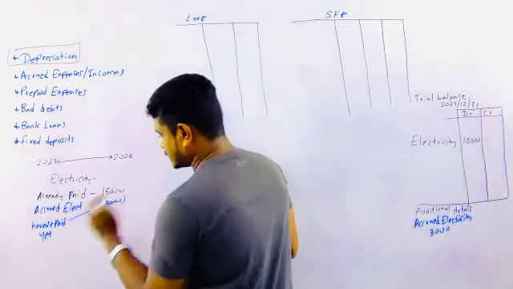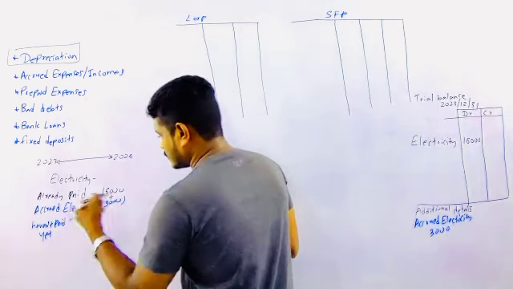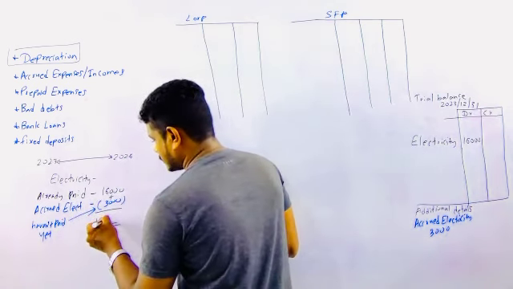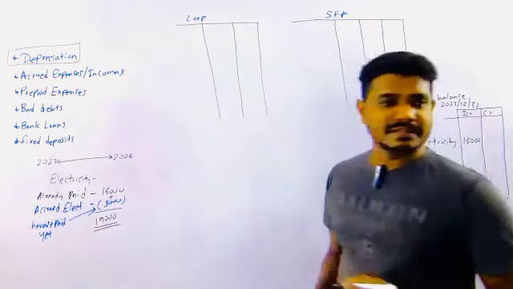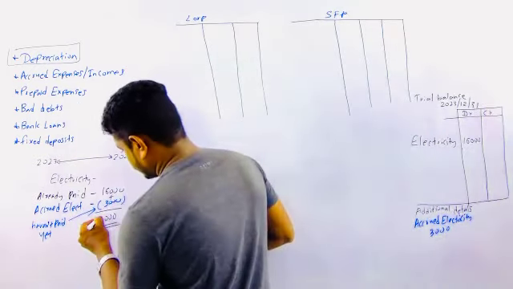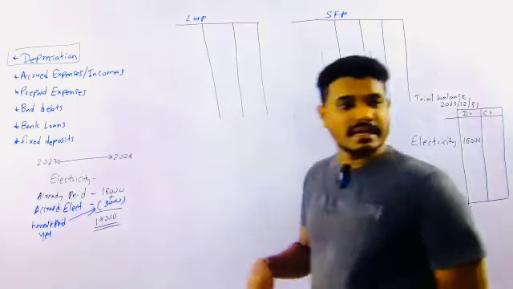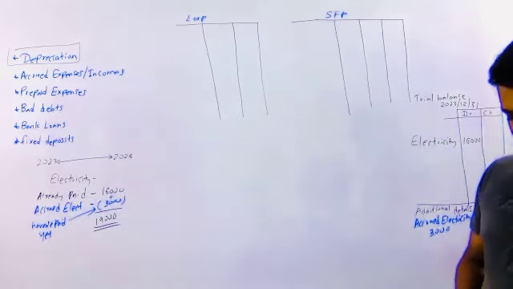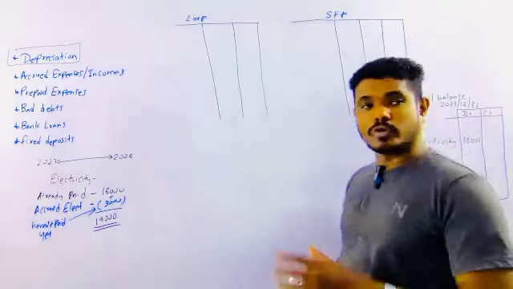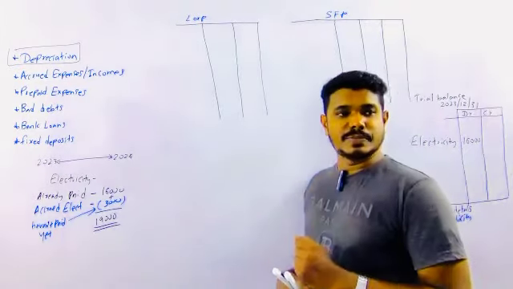Already paid 16,000 plus remaining 3,000. So altogether, complete electricity charges is 19,000, right?